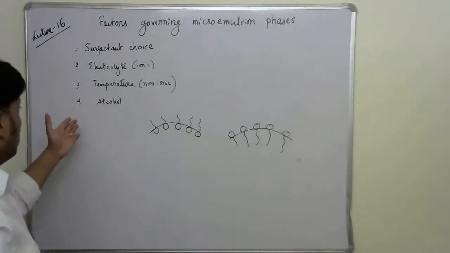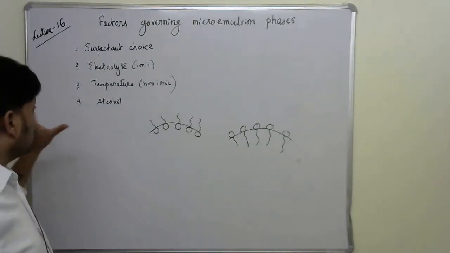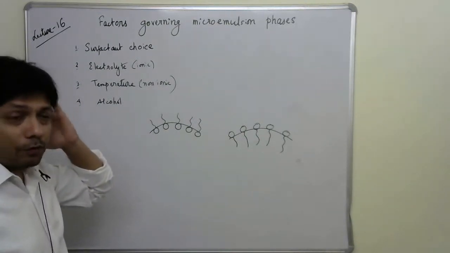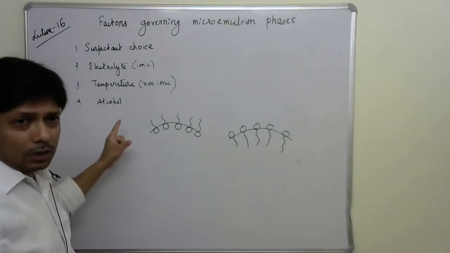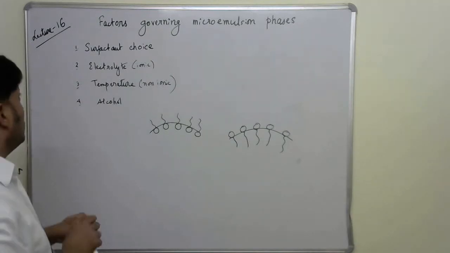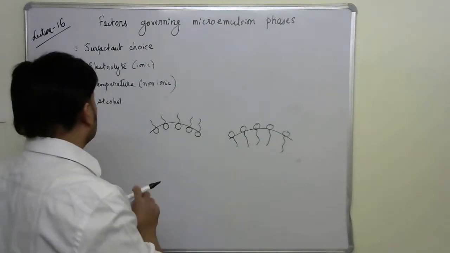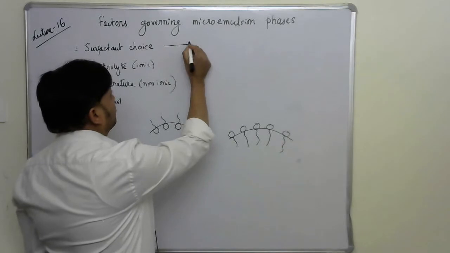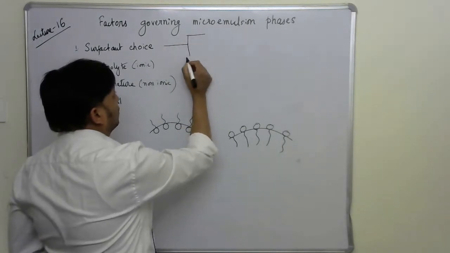We already mentioned alcohol had a role, and if we have a sufficient amount of alcohol added as an amphiphile with the surfactant, there is a tendency that the type 4 Windsor system will be formed. Now in surfactants, we have an option to vary two things.